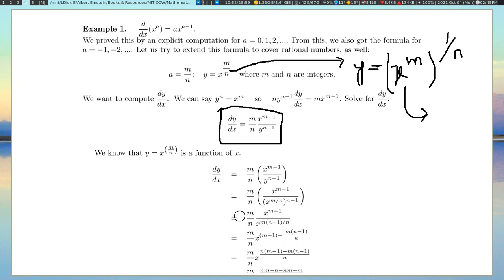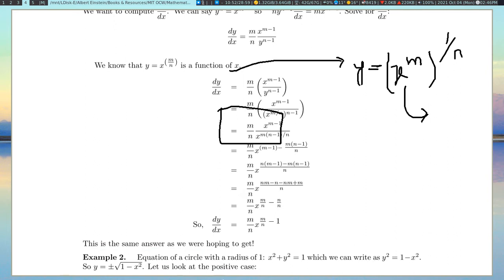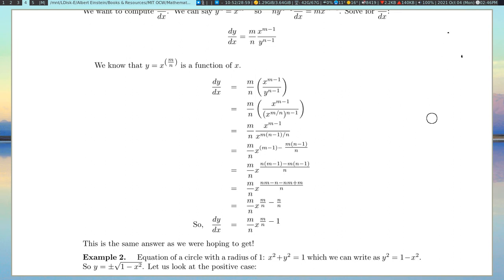Do a bit of manipulation, not a lot. The things that you have in the power get cancelled pretty soon, and what you're going to get is x to the m over n minus n over n. That is what we need: dy over dx is equal to m over n x to the m over n minus 1.